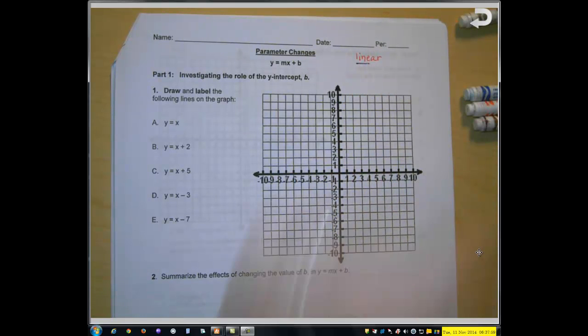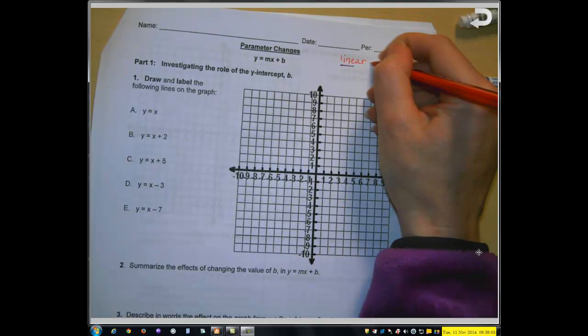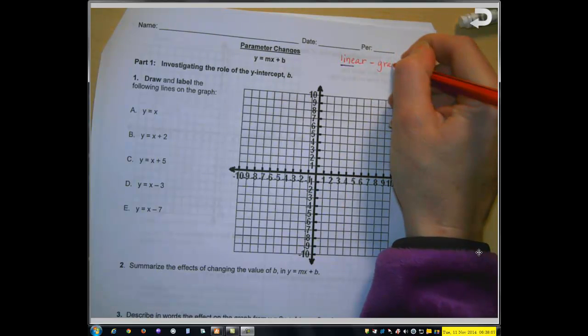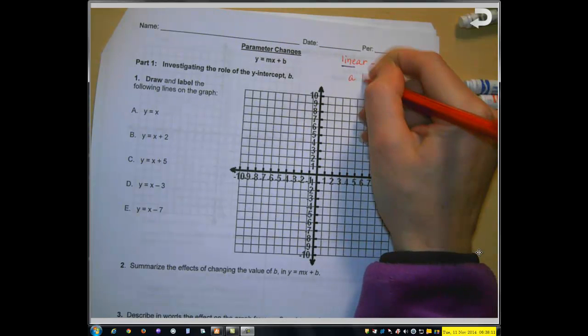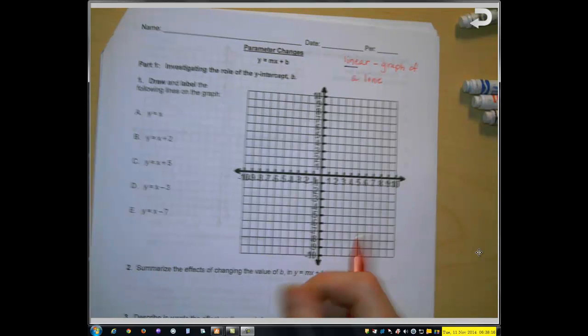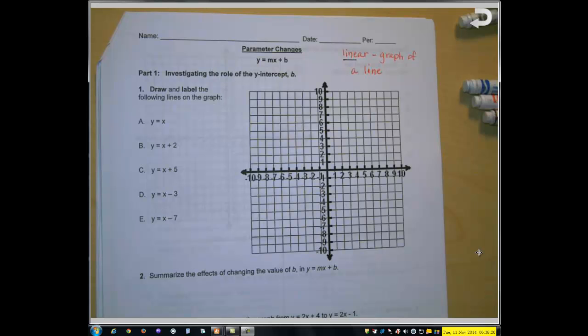So basically, a linear function is just simply the graph of a line. So a linear function always looks like a line. All of the functions or equations that we have been graphing have all turned out as lines.